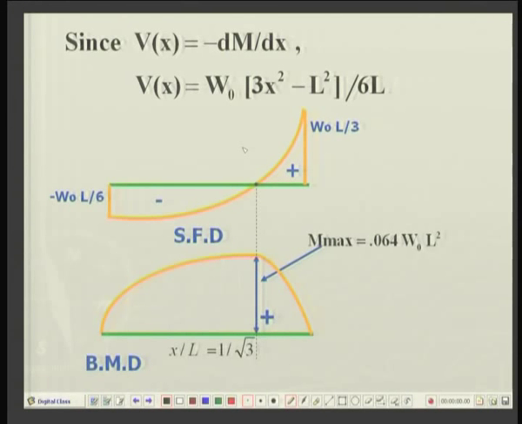This is 0 at x over L equal to 1 by root 3. So, at x is equal to L by root 3, or L divided by 1.731 or something like that, the maximum bending moment occurs and its value is given over here.